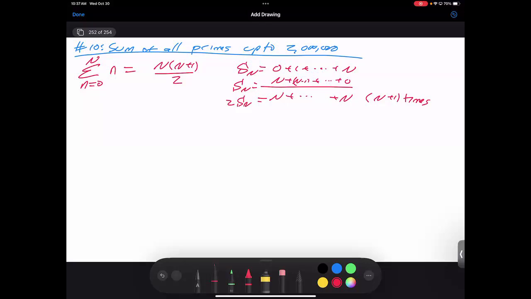It might be that the best thing you can do is to do some kind of sieve and find all the primes up to 2 million. So, one solution is just find all primes up to 2 million and add. Another thing is I can throw away all of the sums of multiples of 2.